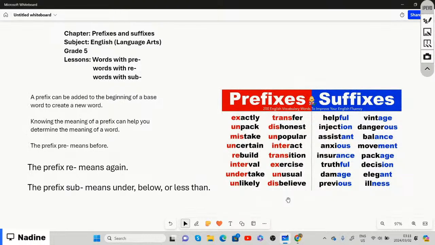Then if we look at the page in front of us with prefixes and suffixes, these are but a few examples of prefixes and examples of suffixes.